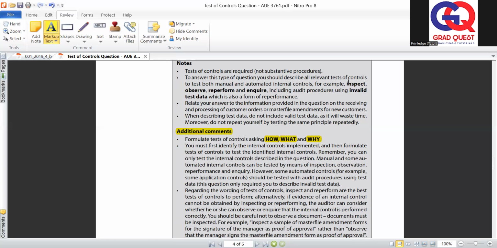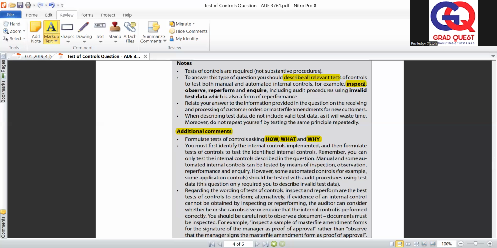It can be anything such as, for instance, inspection. So the how, in essence, describes the action or the relevant test activity that the auditor wants to carry out to evaluate the control in question.